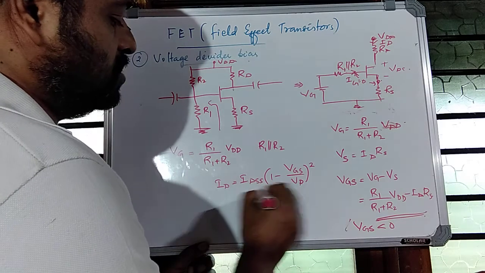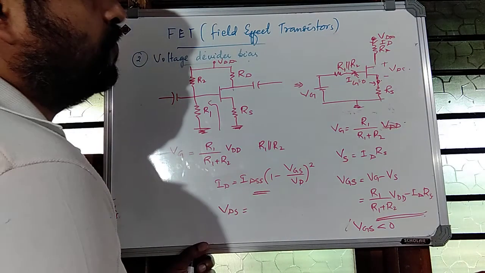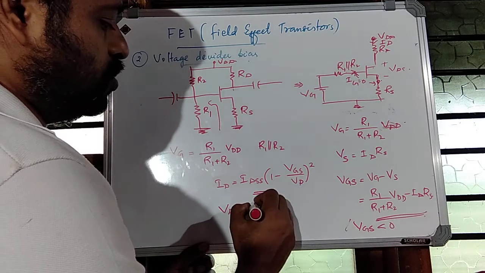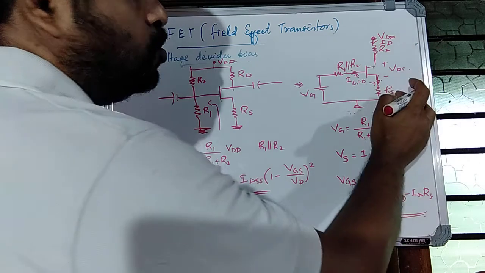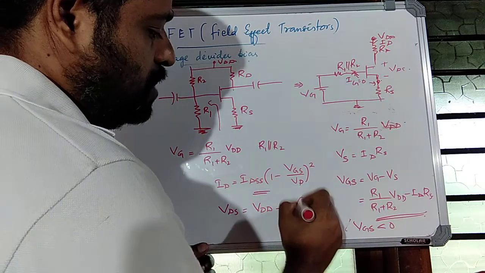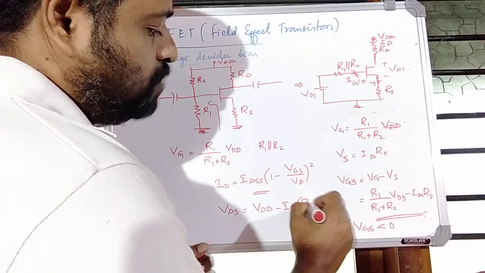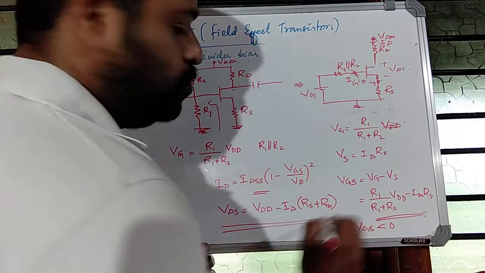After calculating this ID, we can calculate VDS. VDS is equal to VDD minus the drop across RD and the drop across RS, we have to subtract both. So VDS equals VDD minus ID into RS plus RD. So this will give the output voltage.